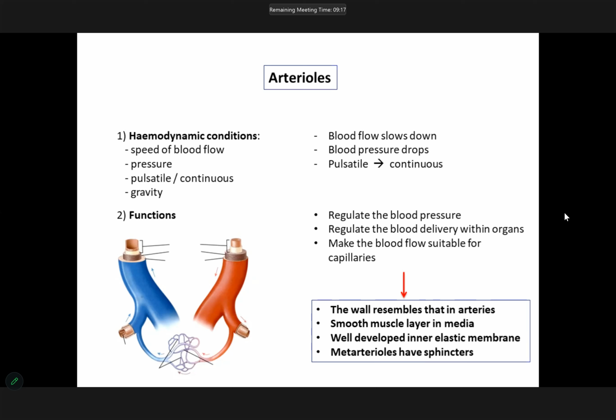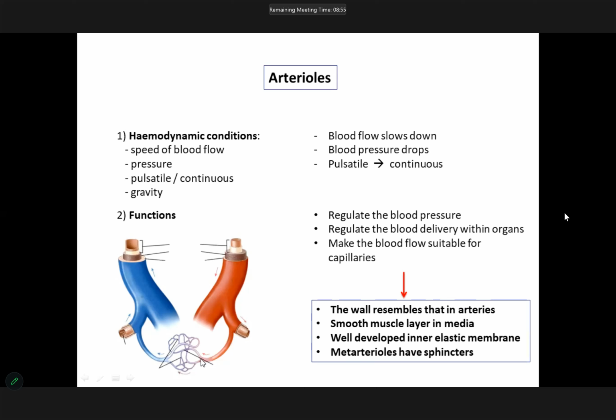It means that an arteriole can decide if the blood will flow into, for example, this capillary or this one, because an arteriole may close or open its lumen.